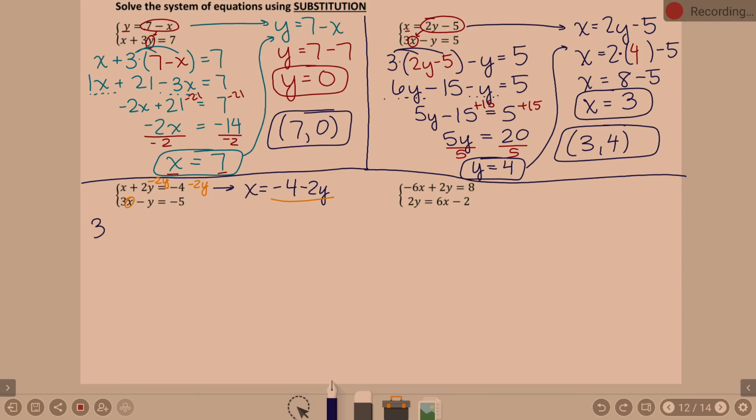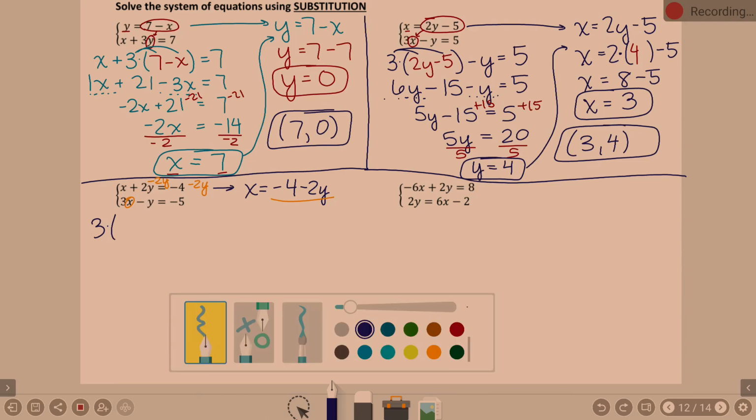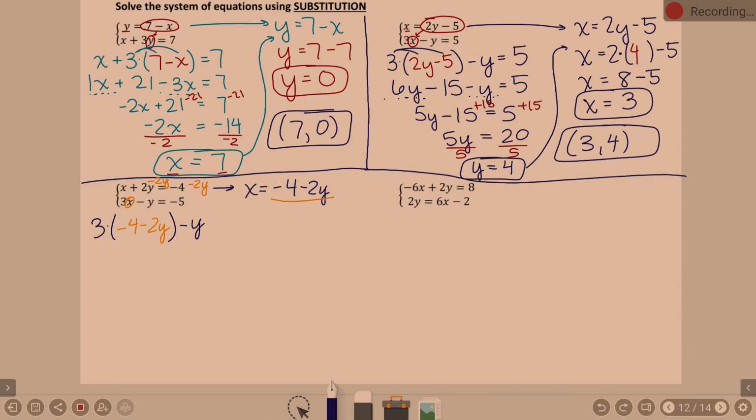So 3 times x. X is negative 4 minus 2y. Then still minus y equals negative 5, right? 3 times the quantity x minus y equals negative 5.